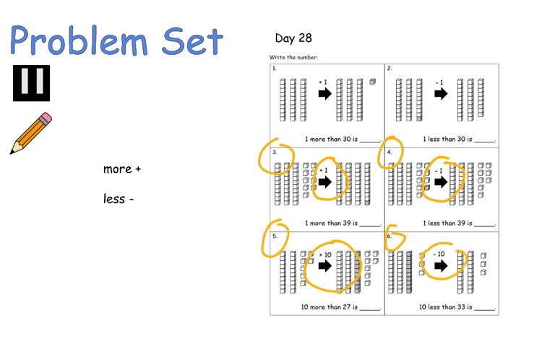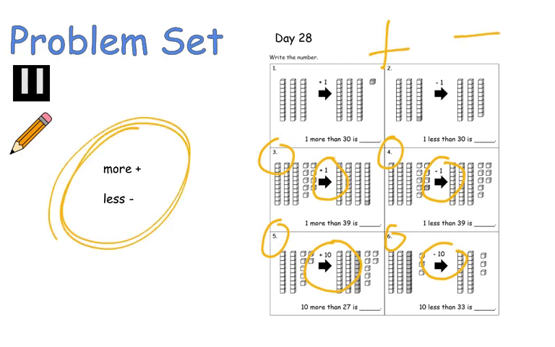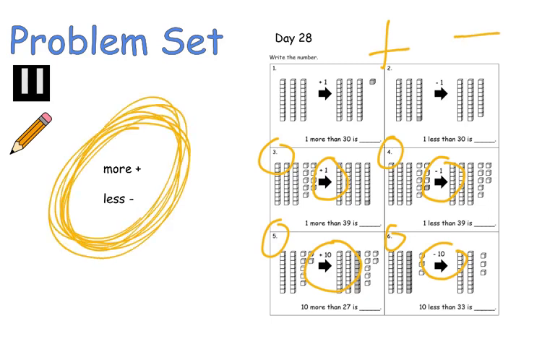So make sure you're looking at the symbol and the words. I gave you this little key right here as a helper so you remember. More means that you're adding, and less means that you're subtracting. So you can go ahead and do your problems.